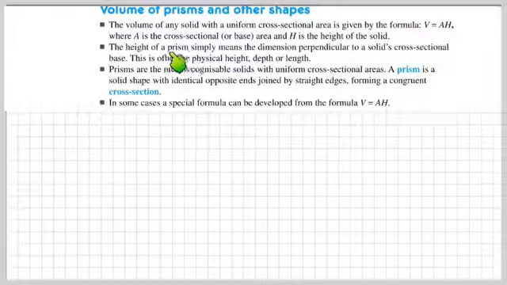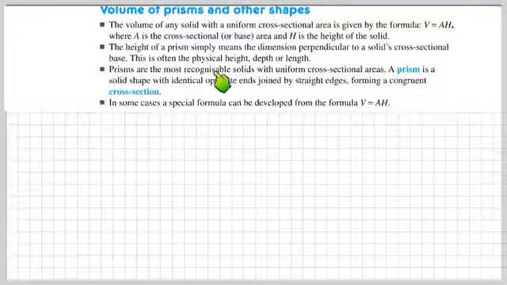Now, the height simply means the linear dimension, the side length, which is perpendicular to the solid's cross-sectional base area, okay? This is a physical height, depth, or length, okay? You'll see that in a moment as I show you some.